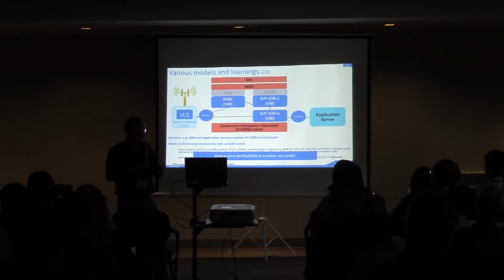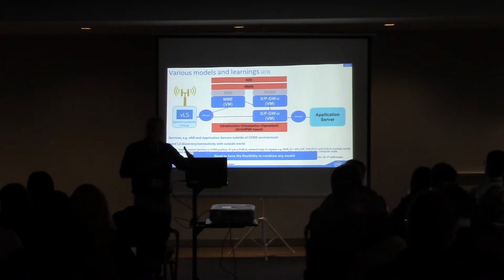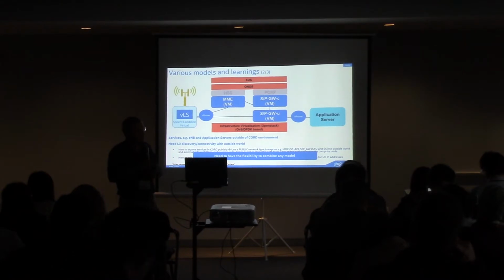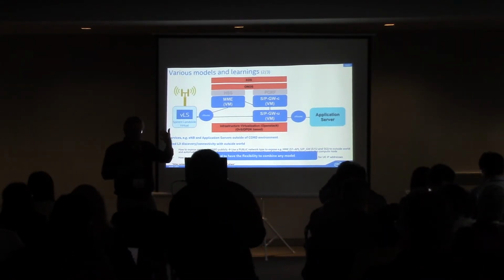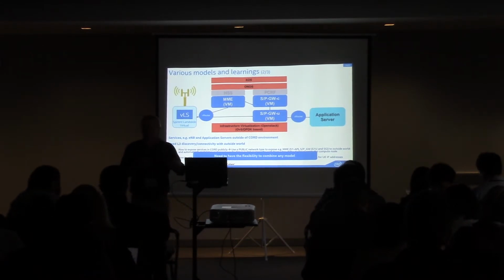What we have been doing with ON.Lab and other people is to try to enable the infrastructure to use a different Open vSwitch, a DPDK-based OVS. And this was enabled and also demoed at MWC 17, where we showed an order of magnitude throughput increase and a significant reduction in latency and jitter, right?